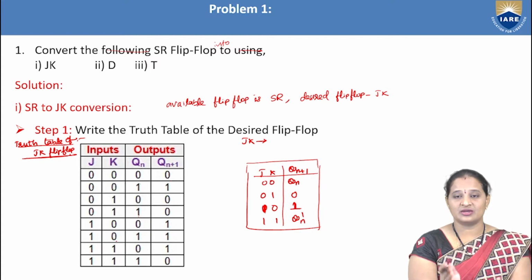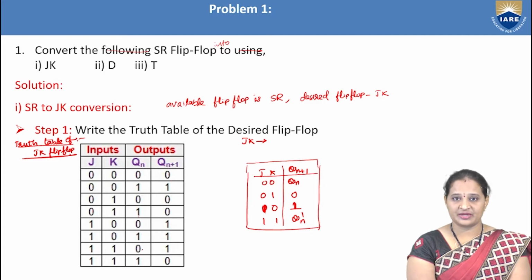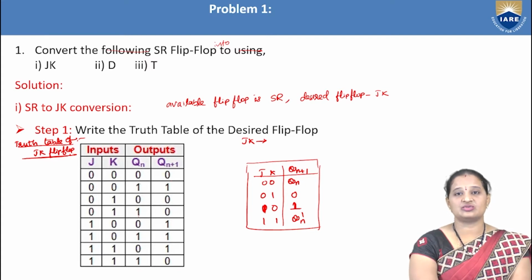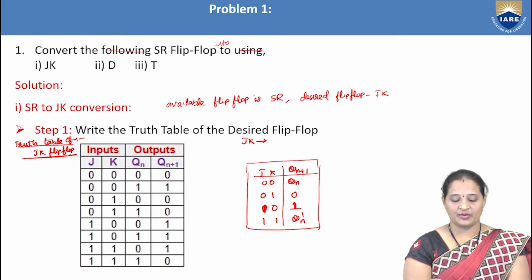When both are 1s, the next state is a complement of the present state. As we have considered the present state as 0, the next state is now 1, whereas in this case the present state is 1, the next state is 0. So this is the truth table of JK flip-flop here.